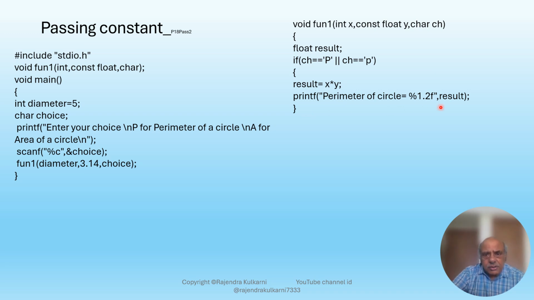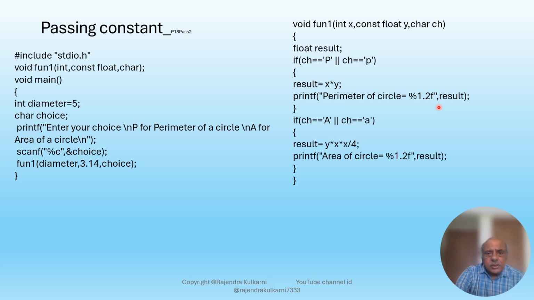The perimeter of a circle will be made available to the user on his screen through this printf statement. If the user inputs a as his choice, area, the result will be assigned the value of y into x by 4, that is pi d square by 4, and the area of a circle will be made available through this printf statement on the monitor of the PC.